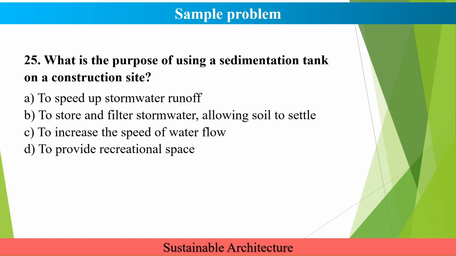Option B is the right answer. Sedimentation tanks are used to collect and manage storm water, allowing soil to settle and be retained. This will help in controlling soil erosion and managing water flow effectively. So all of you have given the right answer, option B. So let's move to the next question, question number 26.